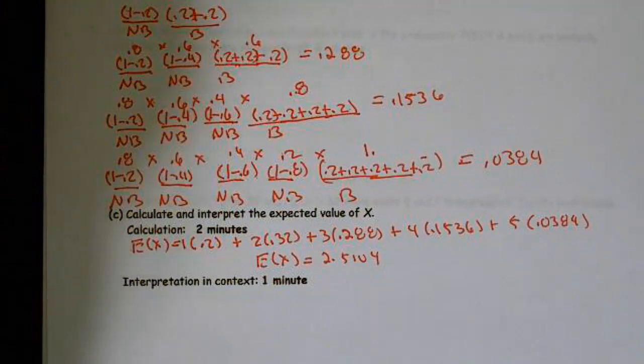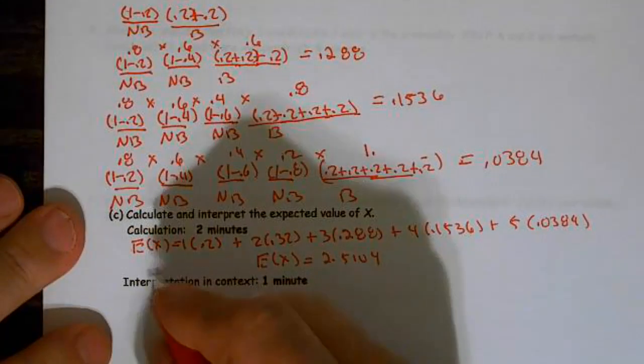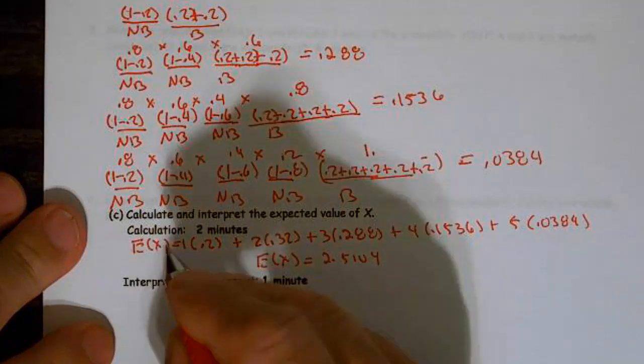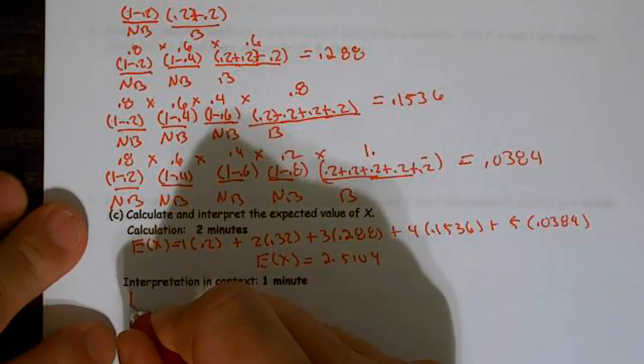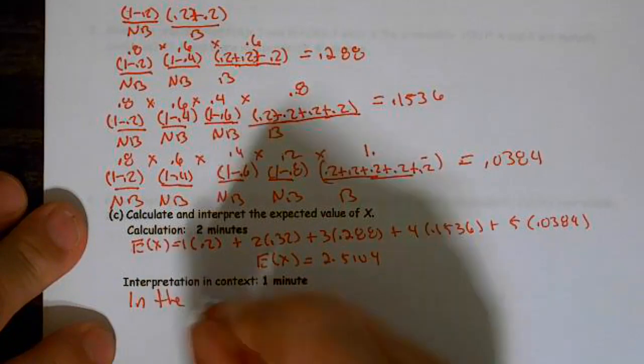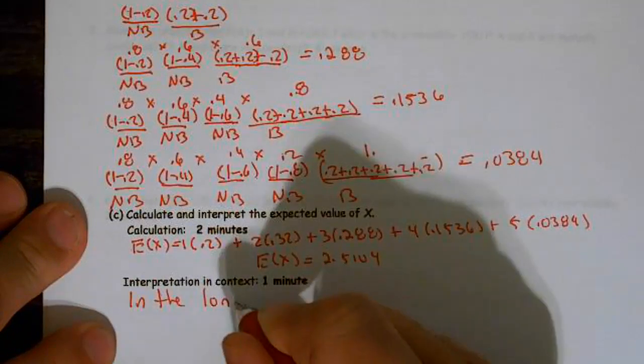Now, here it says interpret in context. Normally, we're not going to tell you that. You just have to do it on your own. So on average, or in the long run, I'm going to do in the long run. I could have done on average.